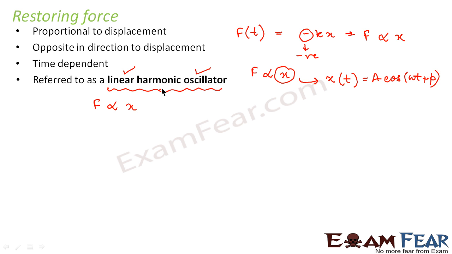And why is it called harmonic? Because the motion takes place harmonically. That means it takes place periodically. So often this is known as a linear harmonic oscillator, right? So a particle which is executing simple harmonic motion is often referred to as a linear harmonic oscillator.